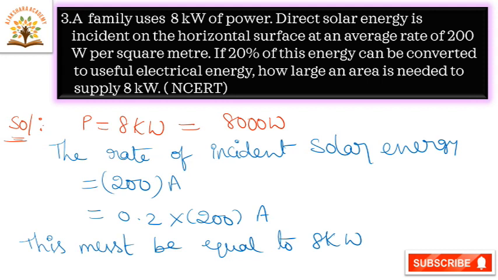So 8 into 10 cube watts is equal to 0.2 into 200 into A. So A is equal to 8 into 10 cube by 2 into 20.